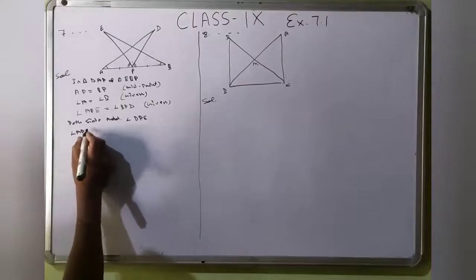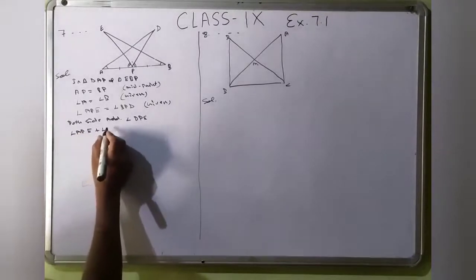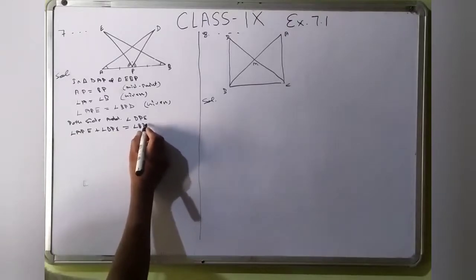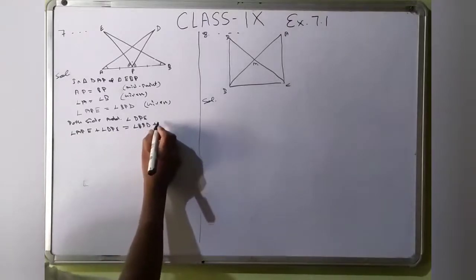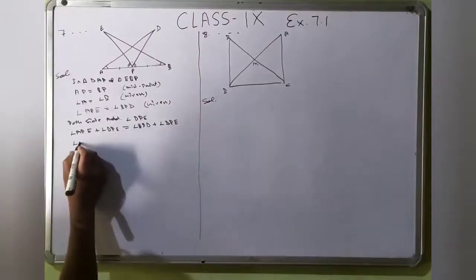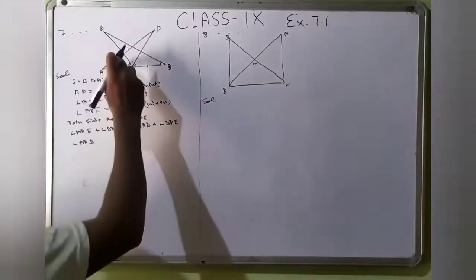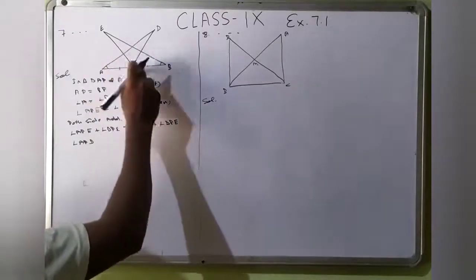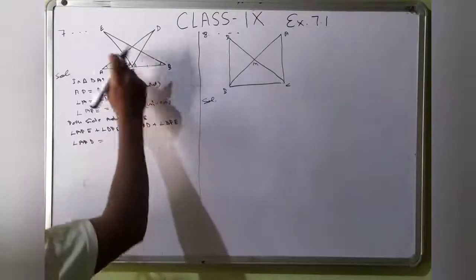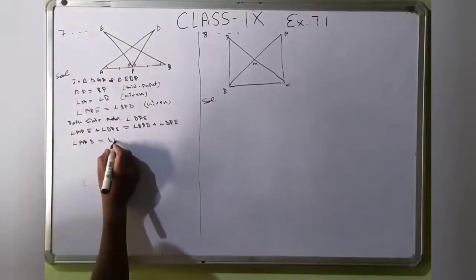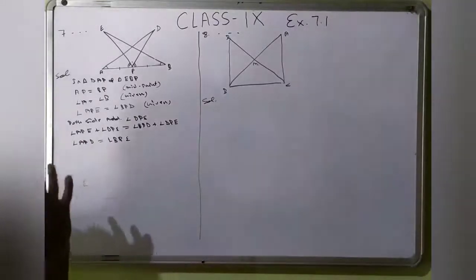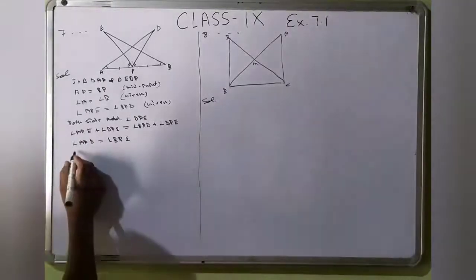Angle APE plus angle DPE is equal to angle BPD plus angle DPE. So that will be angle APD. If we add this angle, then that will be APD. And for this one, BPE. Angle BPE.